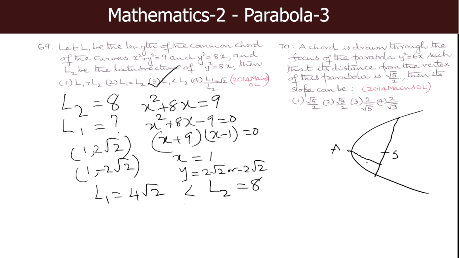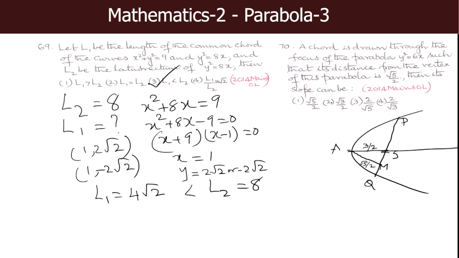So, this is √5/2, and this is PQ, the focal chord, and this is 3/2, because the distance of the vertex from the focus is a, that is 6/4, 3/2.